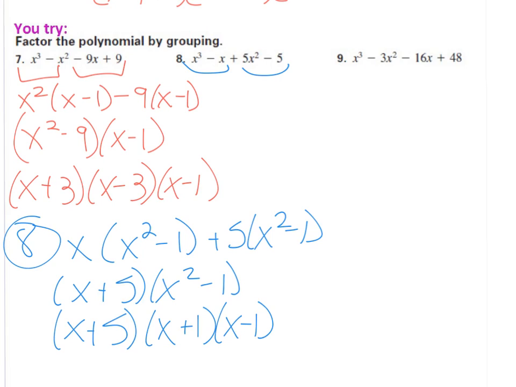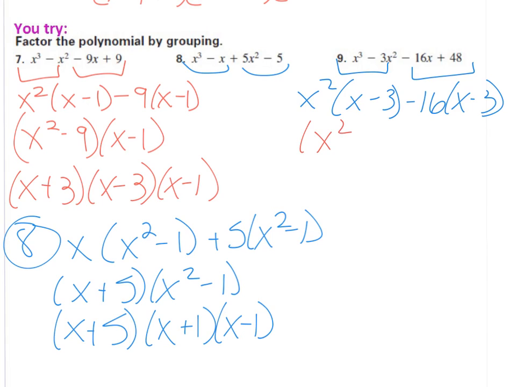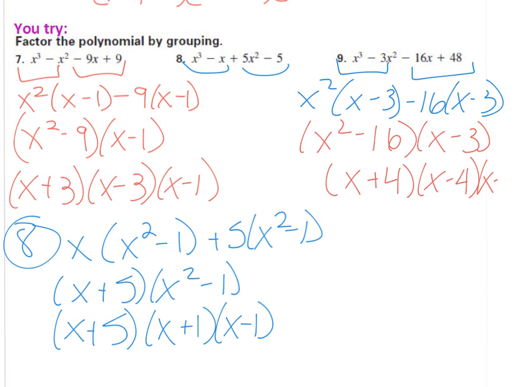All right, and 9 can factor out an x squared and a negative 16. Oh, x squared minus 16 factors more. And there's our 3 answers.